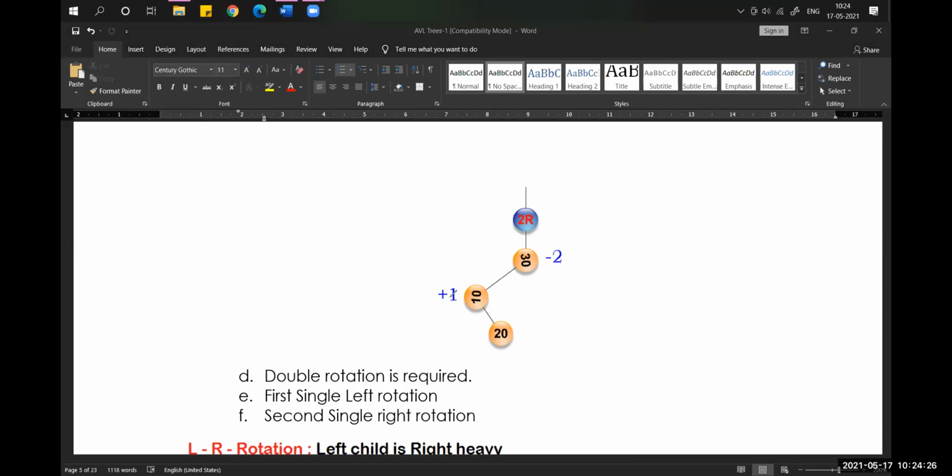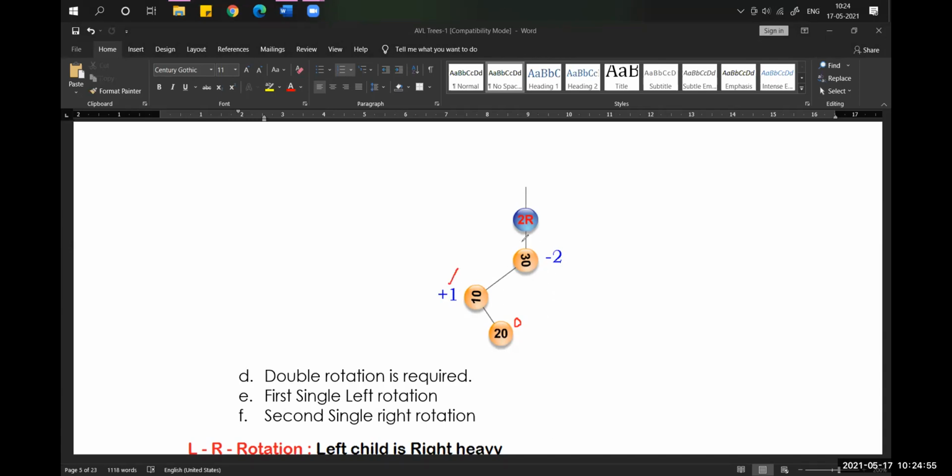So how do we get -2 and +1? See, first we have to find the balance factor of 20. There is no right child, there is no left child. So the balance factor of 20 is 0. Now you have to calculate the balance factor for 10. How many right children? 1. 1 minus, there is no left child, so 1 minus 0 is 1, +1. We got +1.